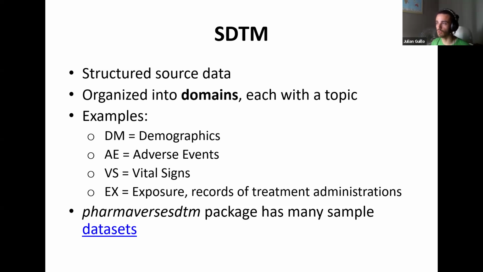It's usually organized into domains. Each domain is like a dataset of its own. For example, the DM domain is the demographics domain. They are always specified with 2 letters. The AE is the adverse events domain. The VS, vital signs, EX, exposure, and there are many more.